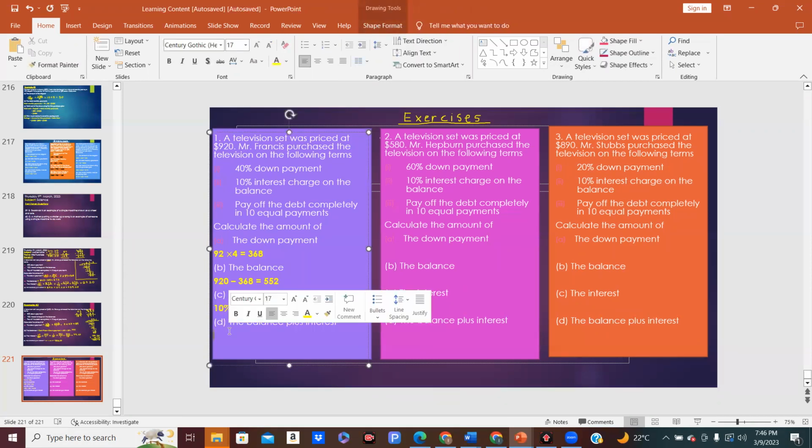Balance plus interest: 552 plus 55.20 equals 607.20.